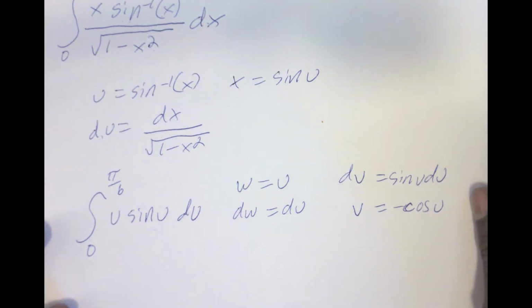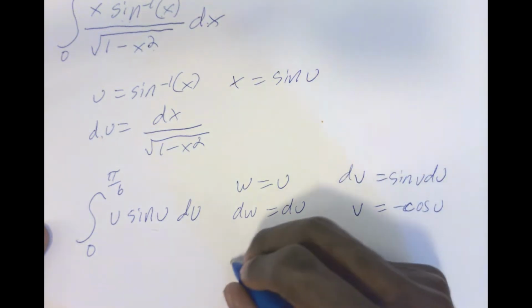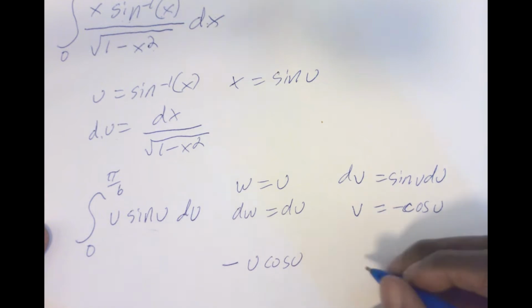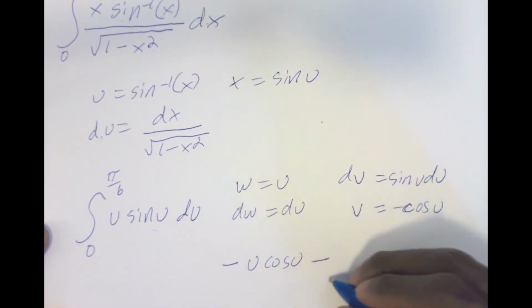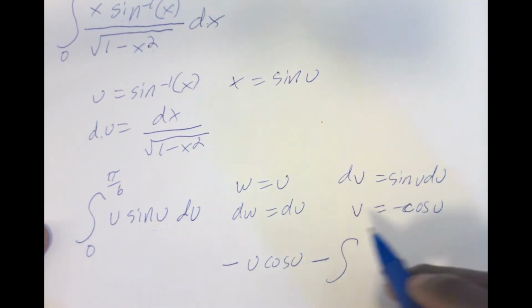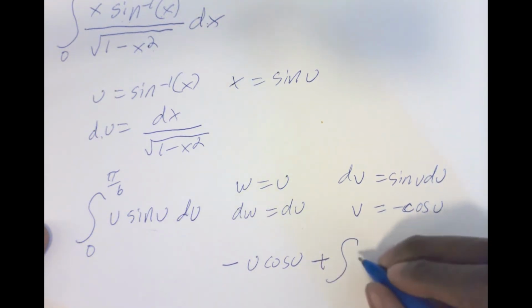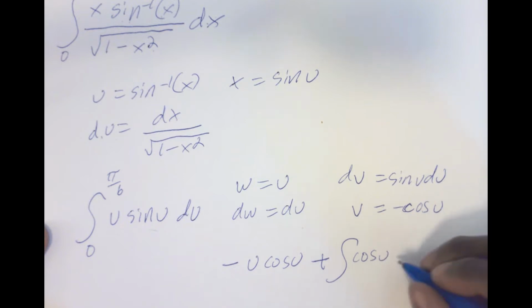All right, very good. Let's go ahead and do it. w times v would be negative u cosine u minus the integral of v dw, so the integral of negative cosine, so plus cosine u du.